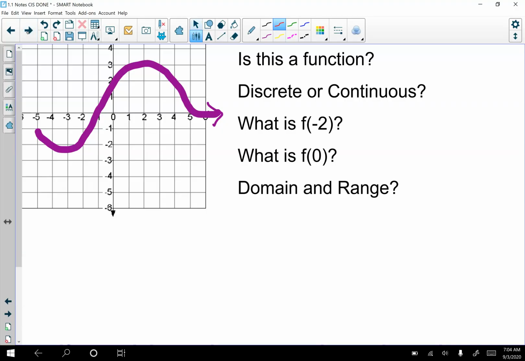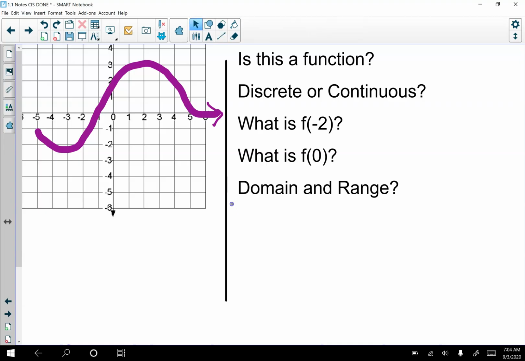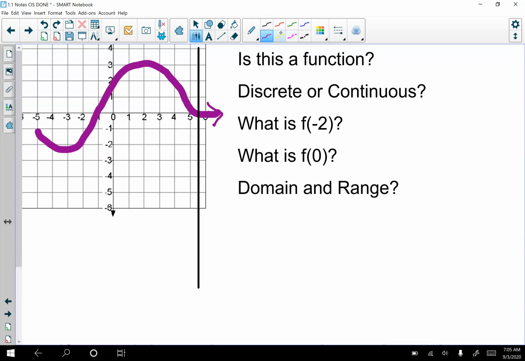Is this a function? So again, I would do my vertical line test. When I'm scrolling over here, the purple curve, it doesn't go over 2 parts of it at one time. So I could say, yes, it is a function. And I would say it's continuous because it's a curve that all the points are connected.